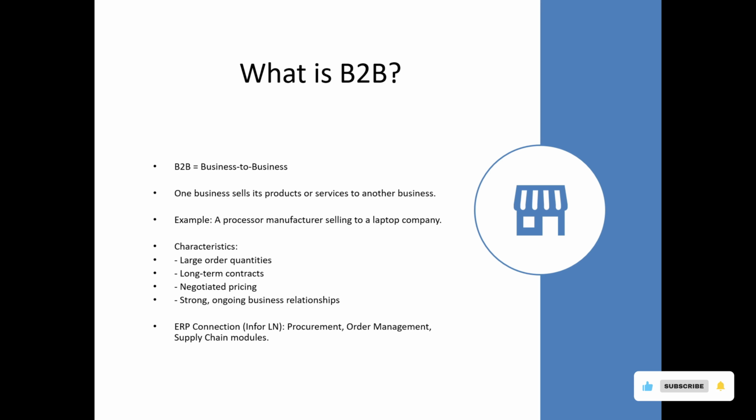Now I believe you got a theoretical clarity on what is meant by B2B and how it runs between the two business parties. Here we got two new terms, buyer and seller. In ERP terminology, we got two new definitions, and we'll talk about these in more depth.